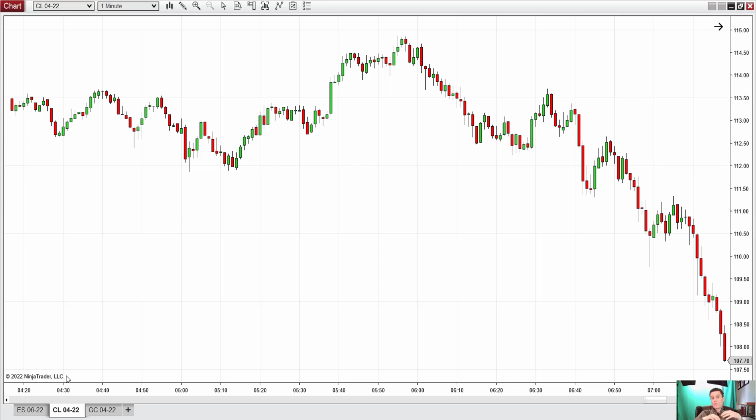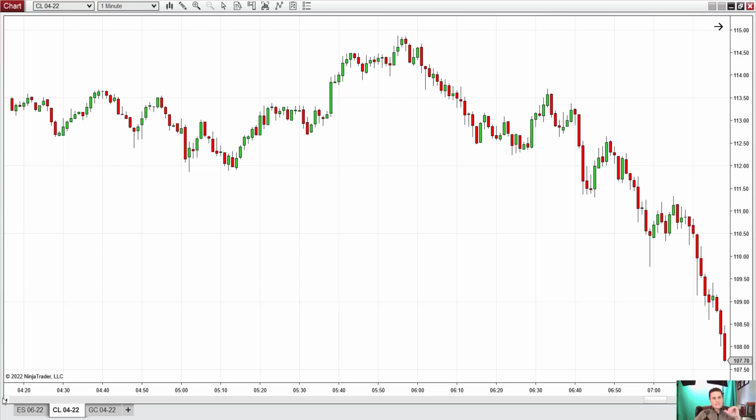Conversely, if there was a huge day the day before on crude oil and price was going higher, but today crude oil starts to go down again, well, now you can go the other way. You can say, well, the inverse relationship there is that the SPOOs or the NQs are going to go higher today. Okay? No guarantees, obviously, but this is an assumption that one can make.